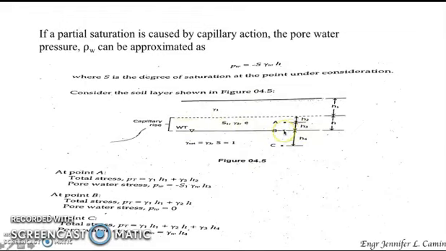The total stress at point C will be equivalent to H4 times the unit weight within the soil layer, plus small h times the unit weight within the soil layer, plus small h1 times the unit weight of the particular soil layer. The pore water pressure at point C, since point C is below the water table, is H4 times the unit weight of the water.